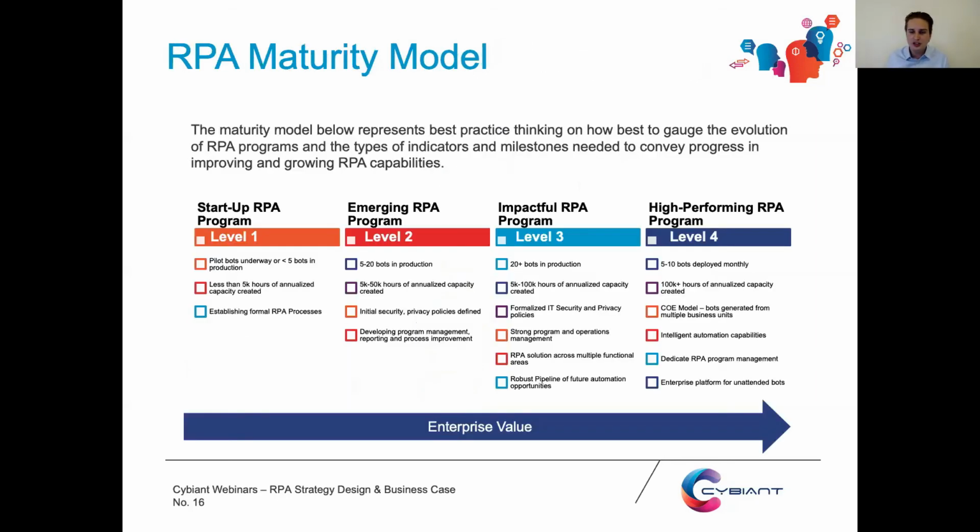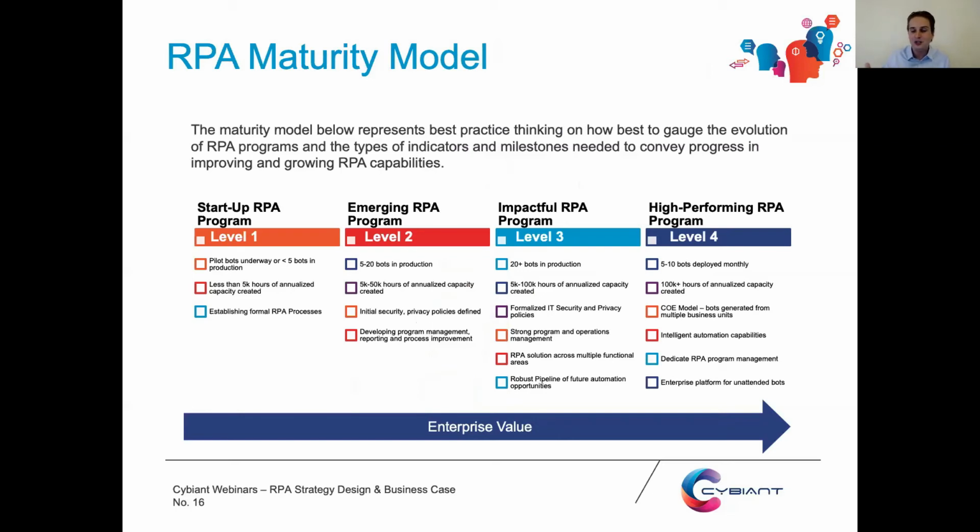The good news is that this is not the first time that anybody has ever thought about this, and that there is an RPA maturity model in existence. And the RPA maturity model that you see on the slide in front of you consists of 4 levels. As an organization starts with their RPA implementation journey, you typically progress through a number of stages.